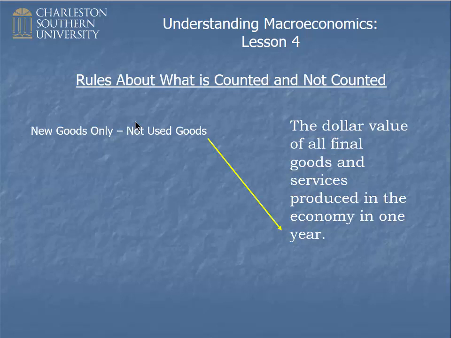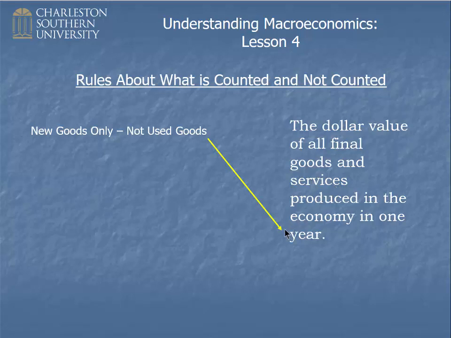Now in this case, let's just make it simple. Let's imagine that Honest John bought the car from somebody who didn't want it anymore for $10,000. And then Honest John cleaned it up, put a little warranty on it, and sells it to you for $12,000. So that $2,000 difference between what Honest John bought it for and what he sold it for would be counted in GDP because it represents the service provided by Honest John.